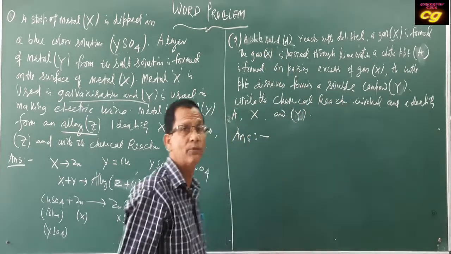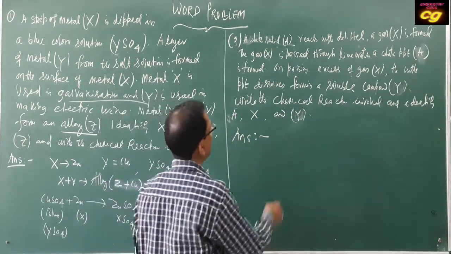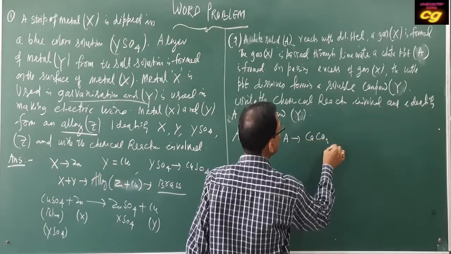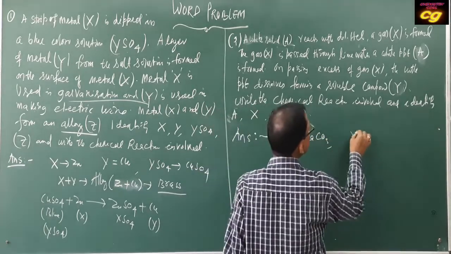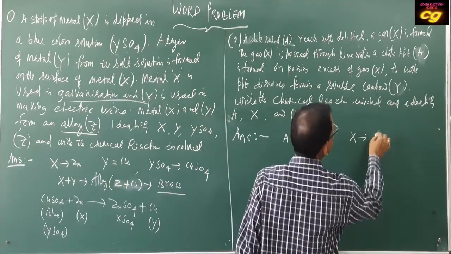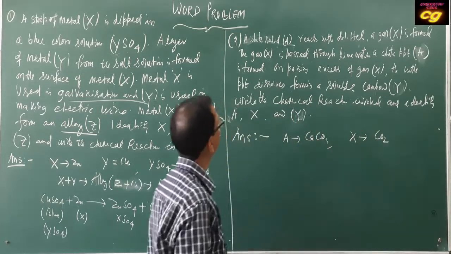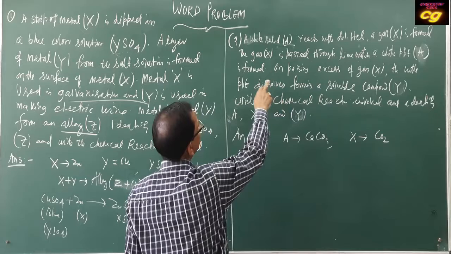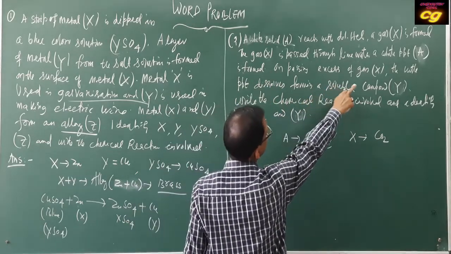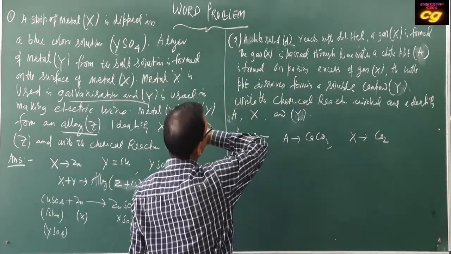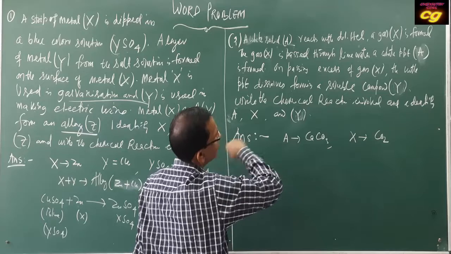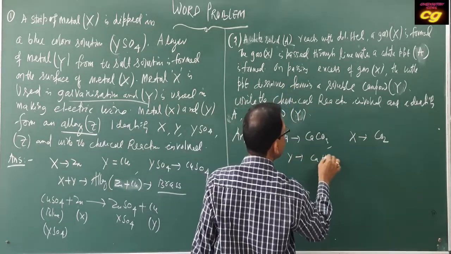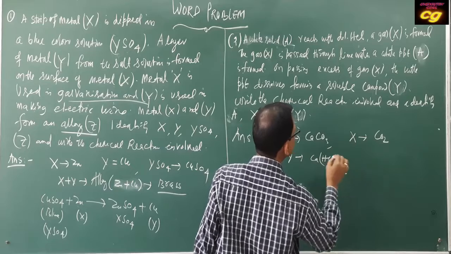So A is calcium carbonate and X is CO2 gas. The white precipitate calcium carbonate, when passed with excess of gas X, dissolved forming a soluble compound Y. That means Y is calcium bicarbonate, which is water soluble.